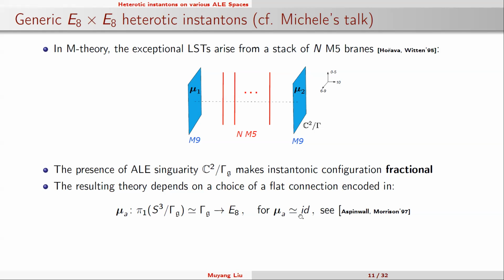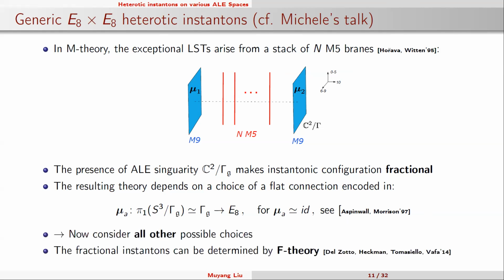For trivial choices, these are the cases that have been studied well by Aspinwall and Morrison. And right now we focus on considering all other possible choices, where the fractional instantons can be determined by the F-theory method.